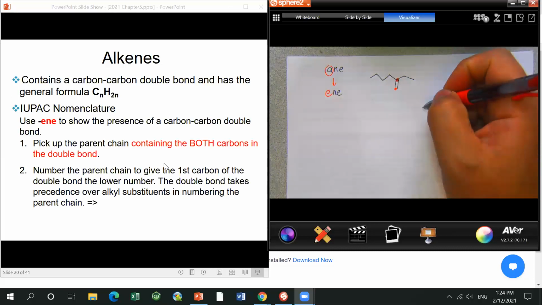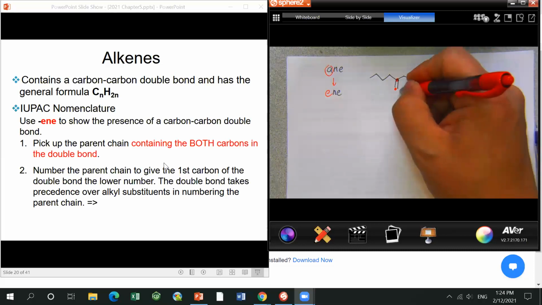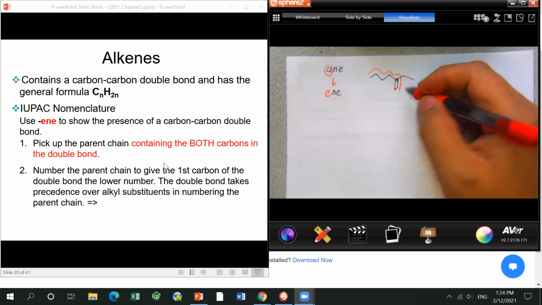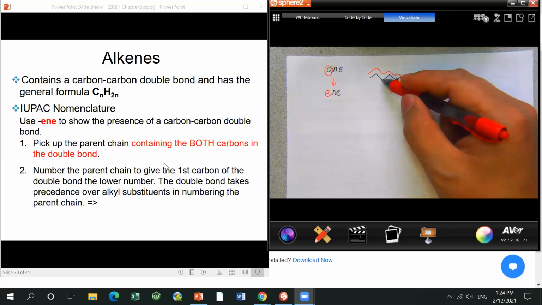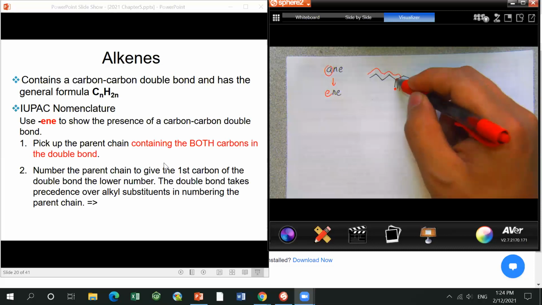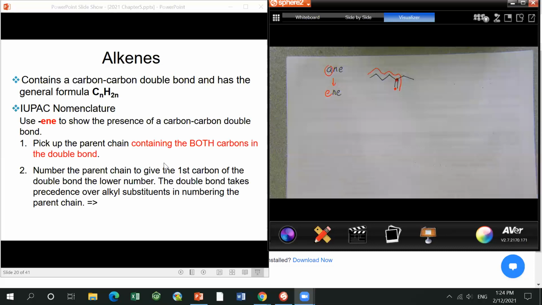That means the long carbon chain should go in this direction, so 1, 2, 3, 4, 5, 6 carbons. Although it's shorter than 7 carbons, this chain contains both carbons of the CC double bond, so that's actually the right naming. Keep in mind: contain both of the carbons in the double bond.